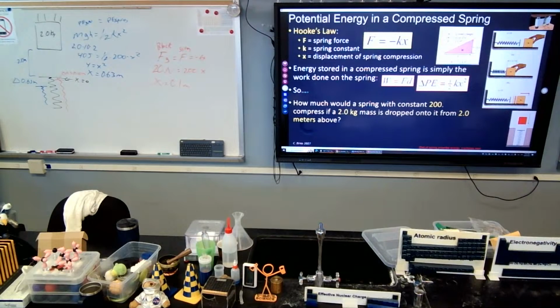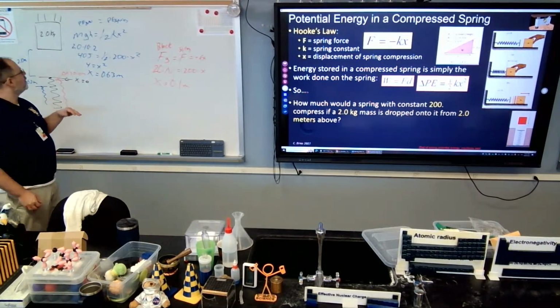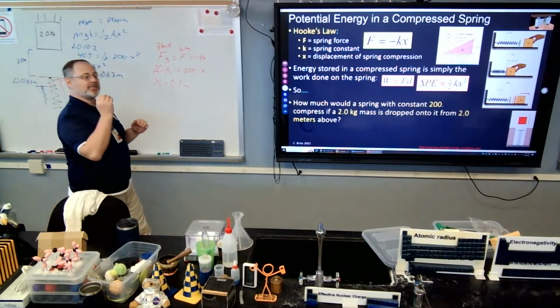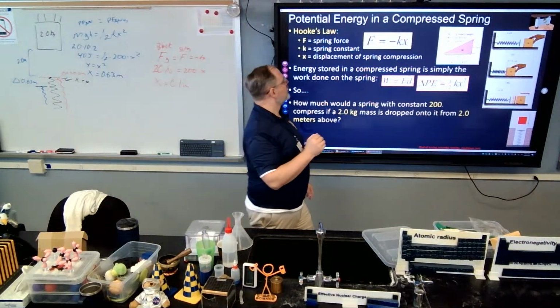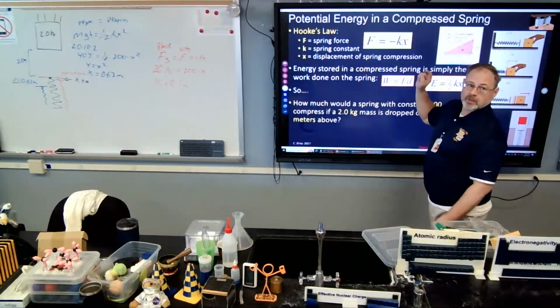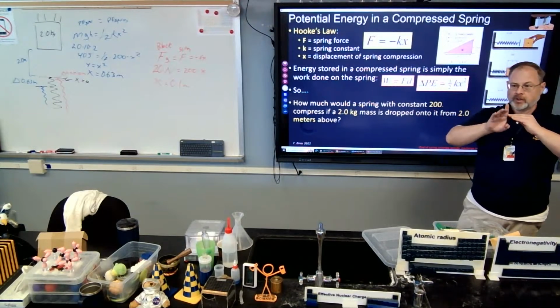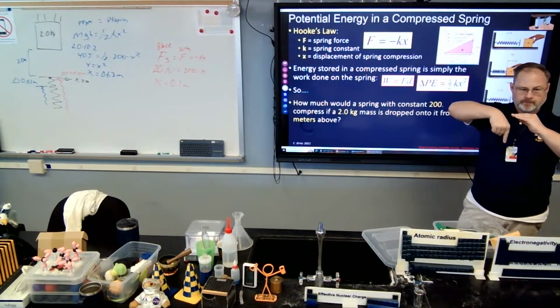Yeah, because when it's moving, it's going to go crunch, and it's going to have to absorb all of that energy. All the potential energy of the block is going to have to be absorbed into the spring. But then the spring is going to push back with a force equaling kx. And when there's no more motion, remember, no more motion means the up vector equals the down vector.